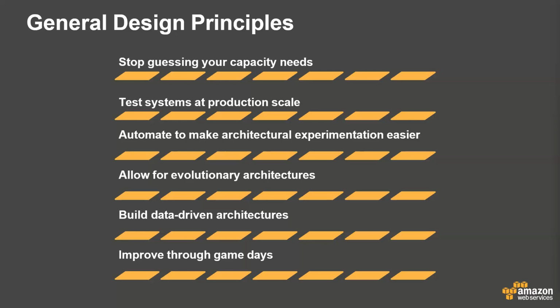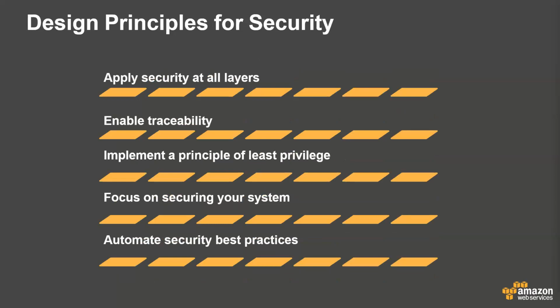And next, let's delve into each pillar and understand what the design principles under each pillar are. The first one we're going to look at is security. The pillar of security focuses on protecting information and systems.